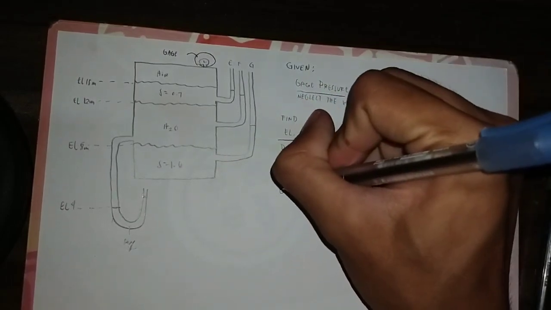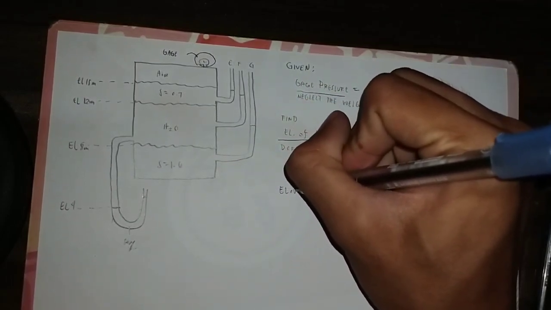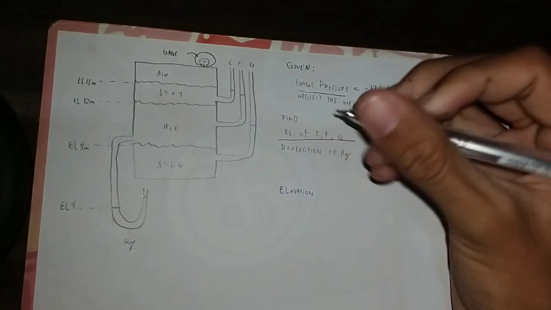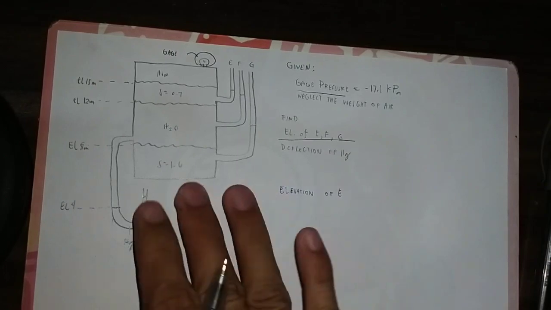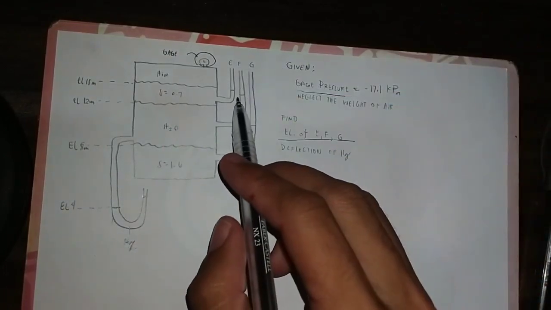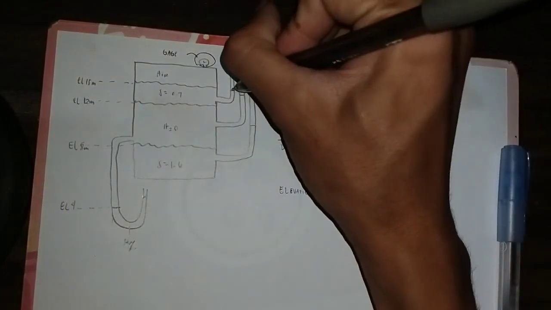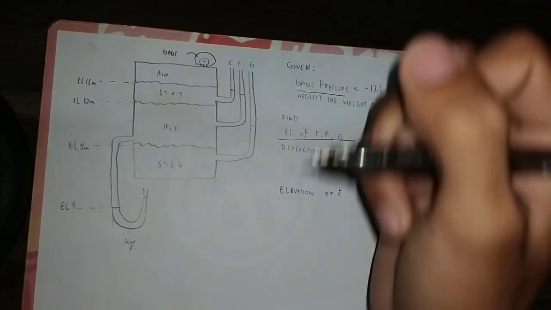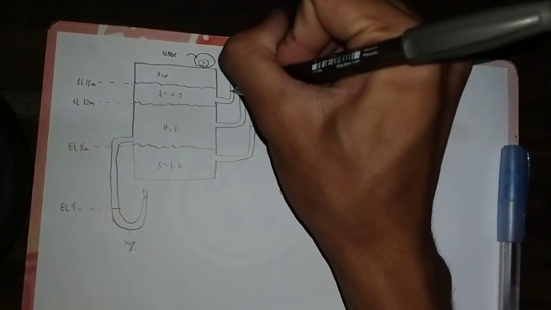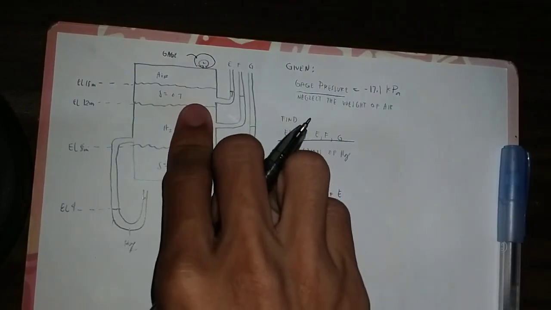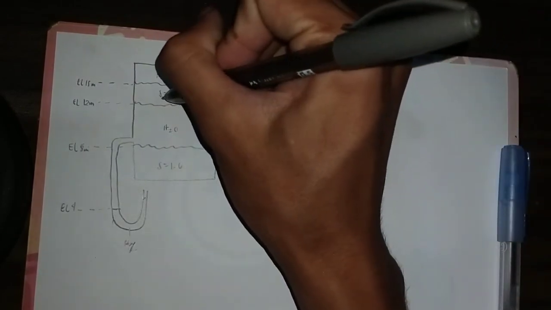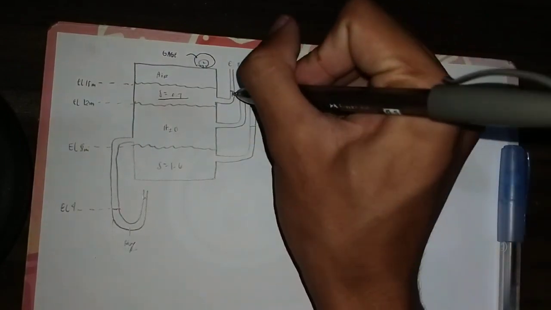We have the elevation of E. As you can see here, E is in here, and the liquid that is in the pipe E has the specific gravity of 0.7.